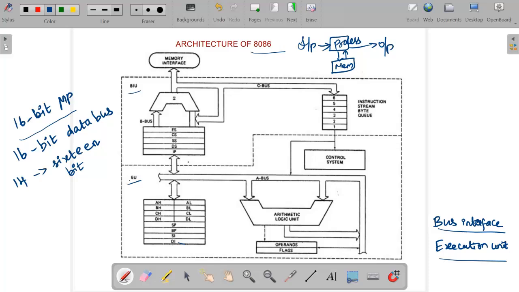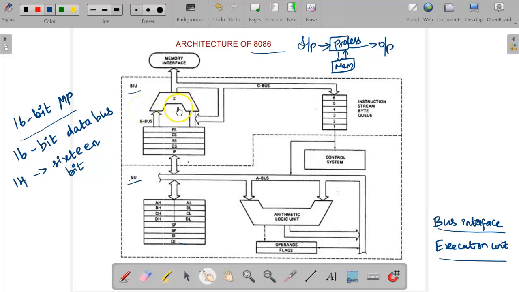The bus interface unit is used to connect the 8086 to the outside world. In the outside world, it may be connected to the memory or input output devices.